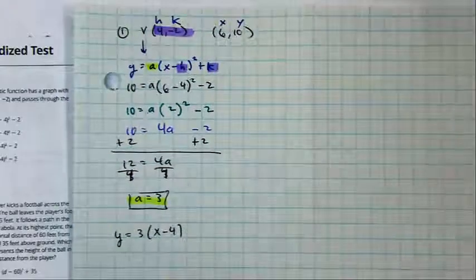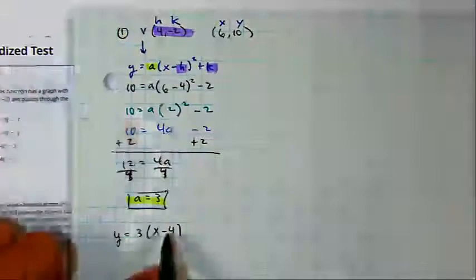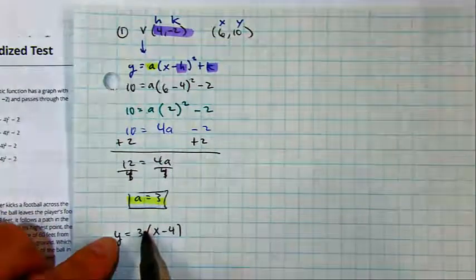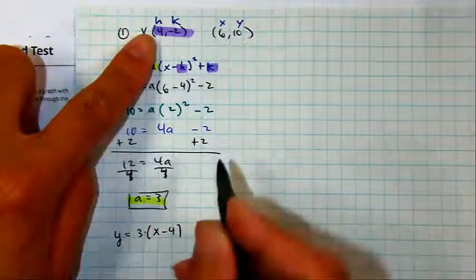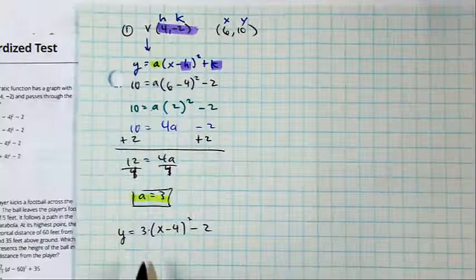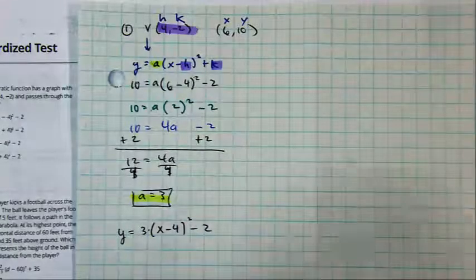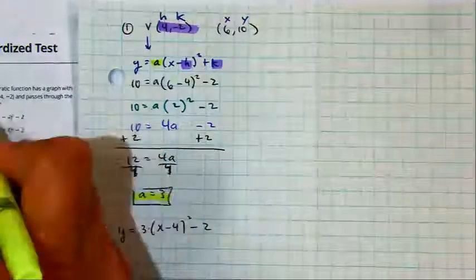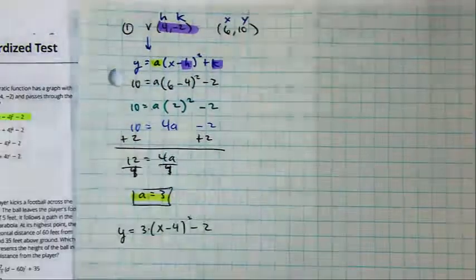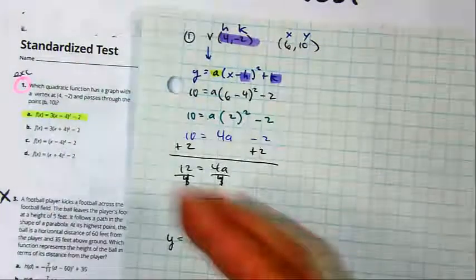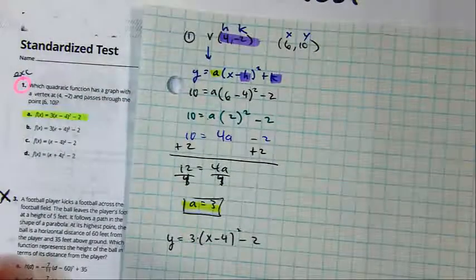So I'm basically taking my puzzle pieces and putting them back into vertex form. So a is 3, my h value is 4, and my k value is -2. And then if I take my answer and match one of those up, what is it? The answer would be A. So in this problem, all you're really doing is just taking those pieces and solving for the a value, and it's one of your choices.